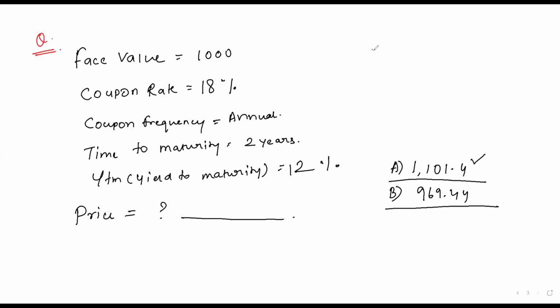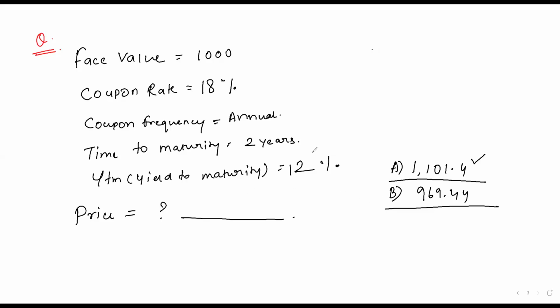First draw cash flows and then discount them with the respective discount rate. By the way, what is the discount rate that you are going to use? 18% or 12%? No, you should be using 12%. I told you, right? The rate that we are going to use over there is 12%.